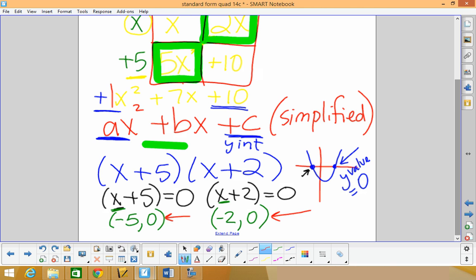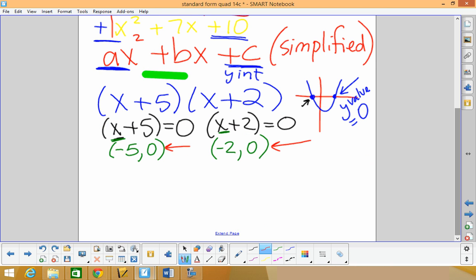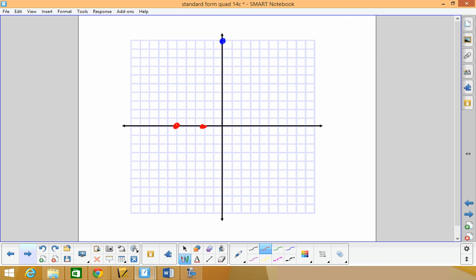Okay, so the first thing we have to do is find out that if these are my x-intercepts, and this is the y-intercept here, somewhere halfway between these guys, and somewhere down here maybe, is the part where if you folded this parabola along this line, it would be a mirror image.